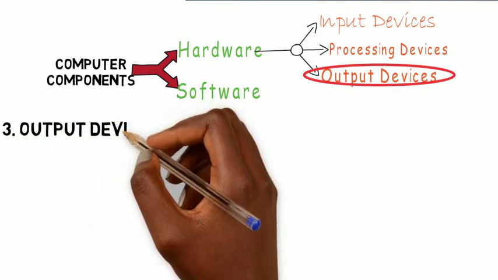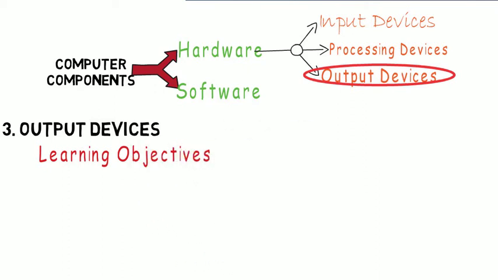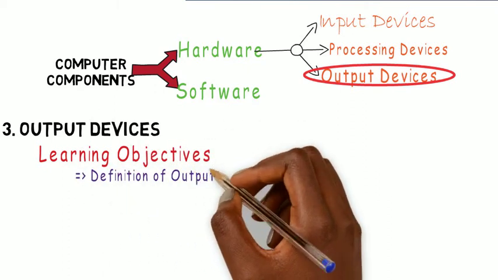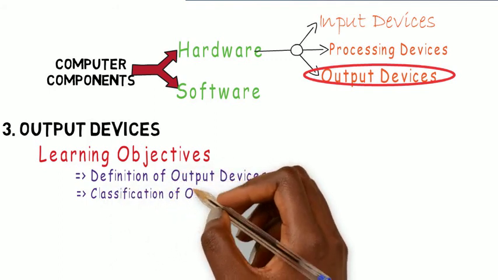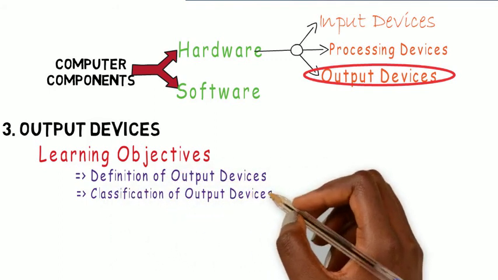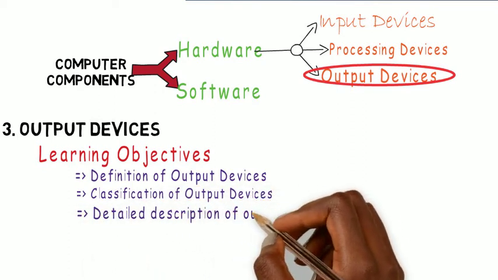Therefore, at the end of this video, we should be able to define an output device, know the different categories or types of output devices, and lastly, give a detailed description of each of these output devices.